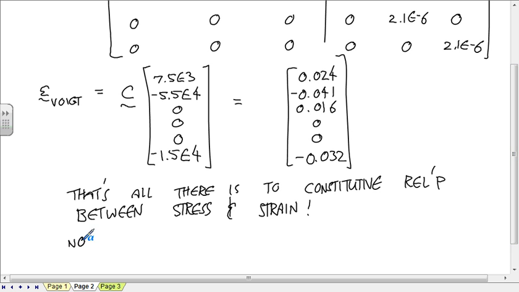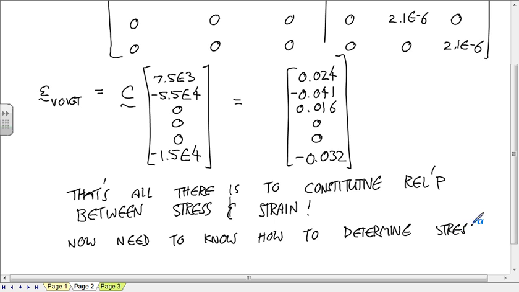So let me write something like that down. So now we just need to know how to determine the stress states.